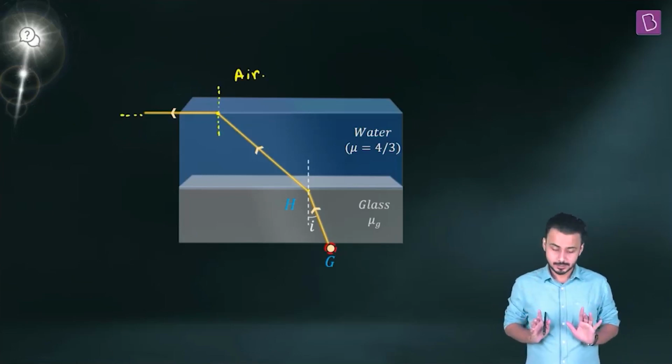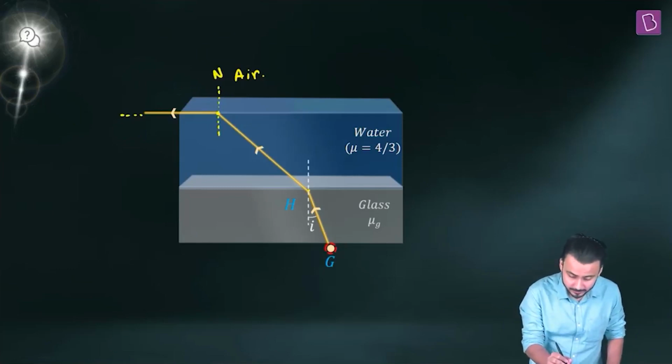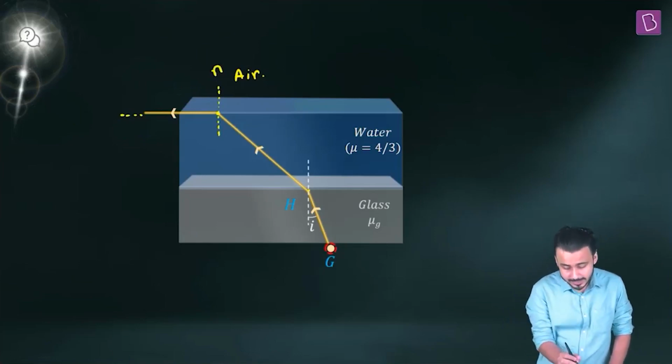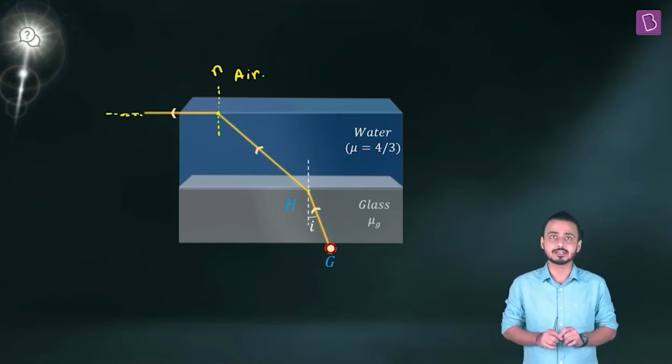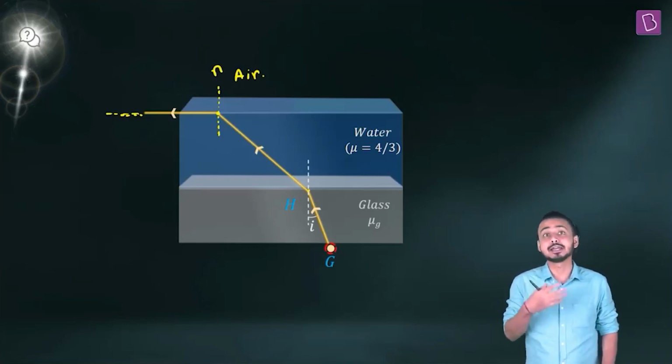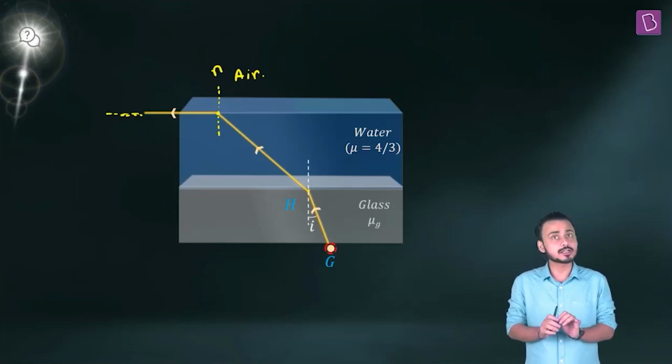Let's say this is the normal, small n. Please remember this, many times they use this word, grazes. Grazes along the water surface means it escapes parallel to the water surface, correct?